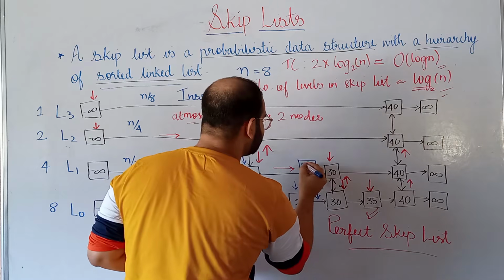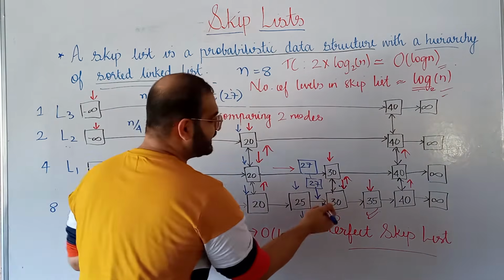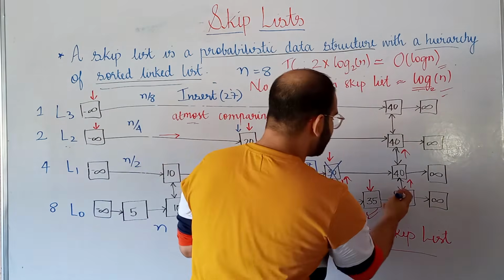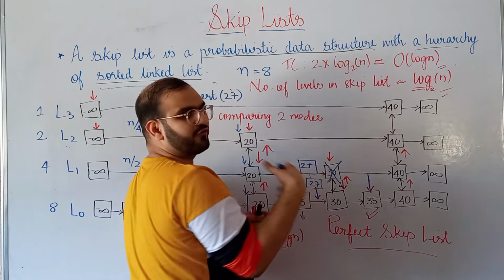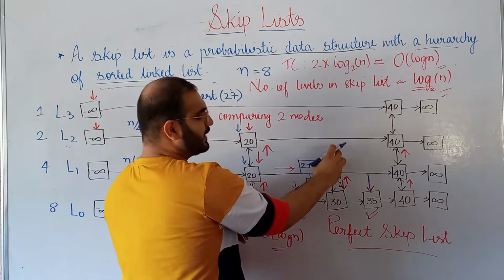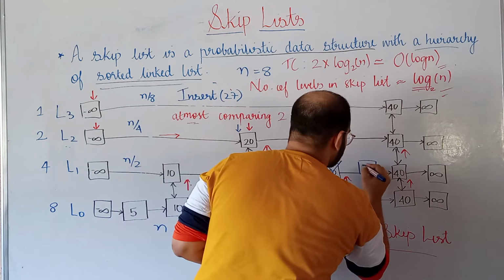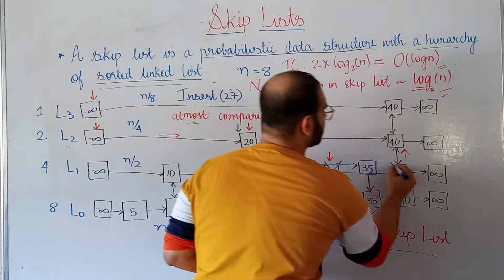So 27 will be there on L1, but 30 will not be there. After 27 we follow the alternating strategy, so we will not promote 30, but we will promote 35, and we will not promote 40.